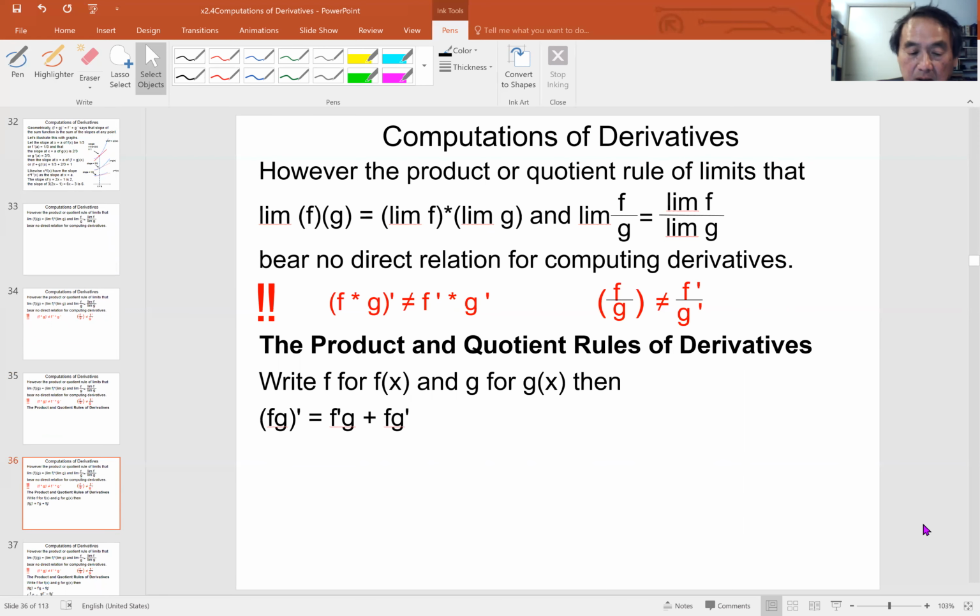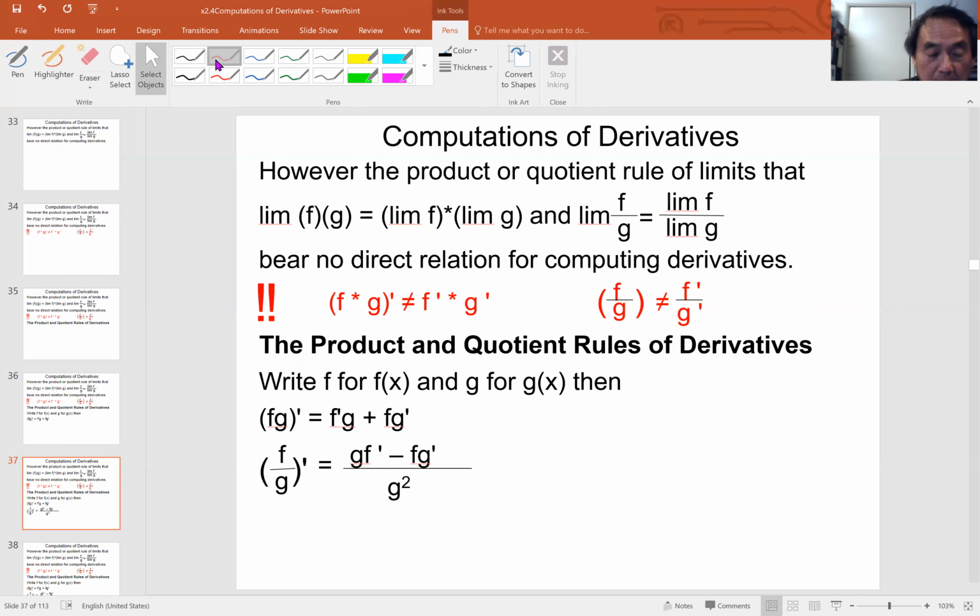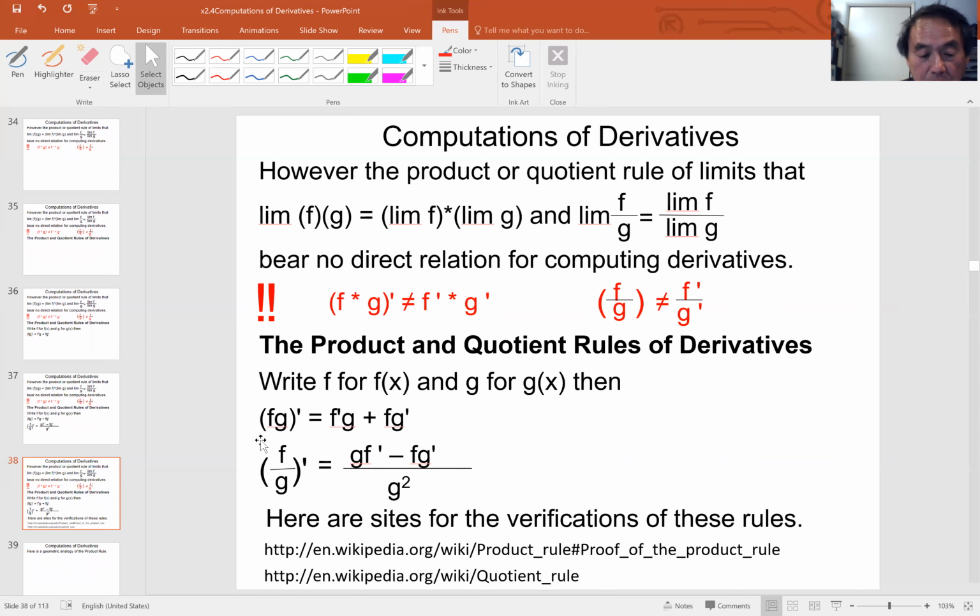Here are the respective product rule and quotient rule for taking the derivative. This one is the product rule, and it is easy to remember because it's symmetric. You take the derivative of one thing times the original of the other, then switch the roles, then you add.